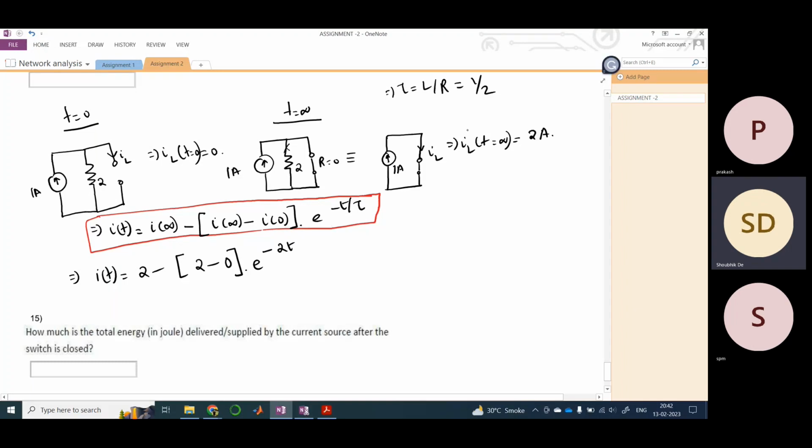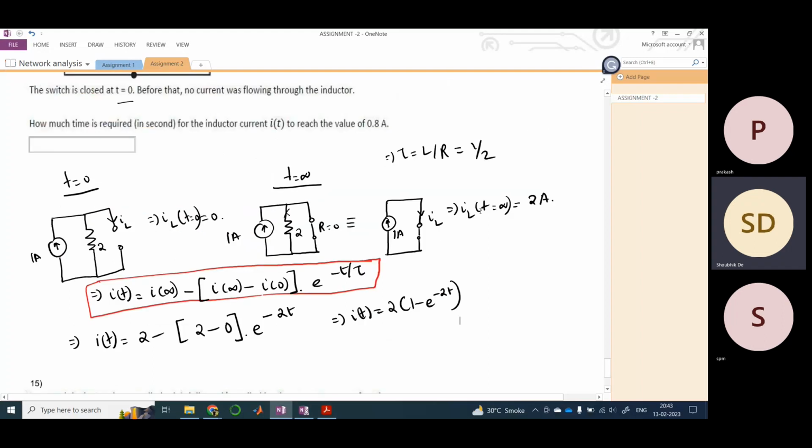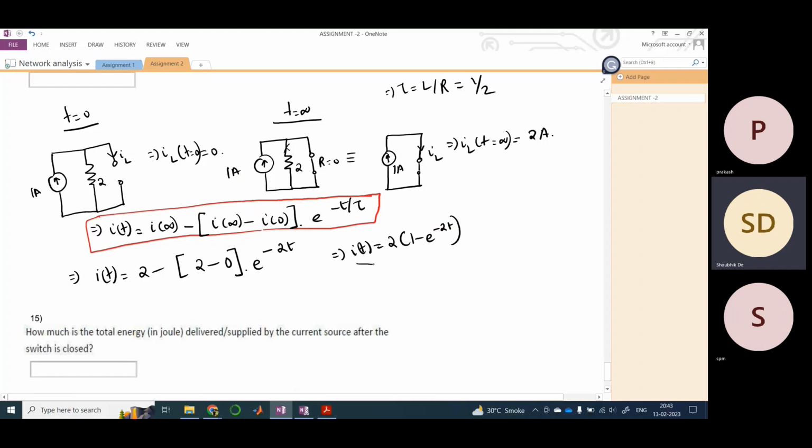So tau is 1 by 2, so 2 comes up, therefore minus 2t. Therefore your i is what, 2 times 1 minus, so if I take t common, so this becomes 2t. Okay, so 2 into 1 minus e to the power minus 2t. So this is my current expression.